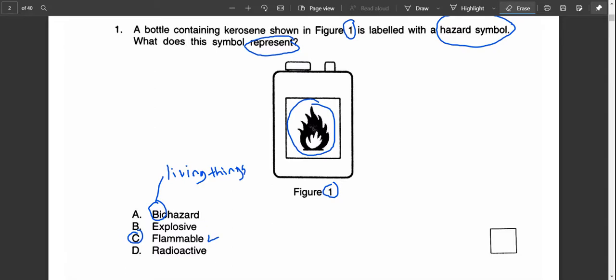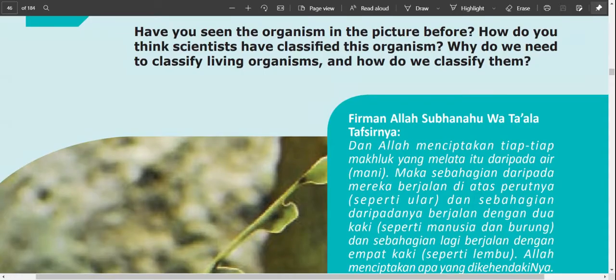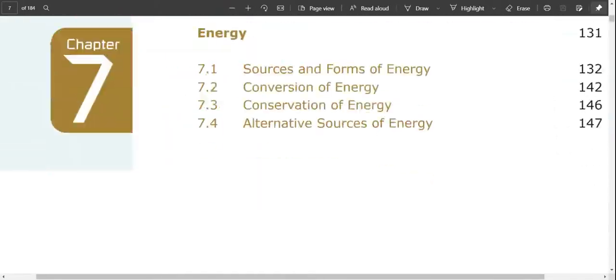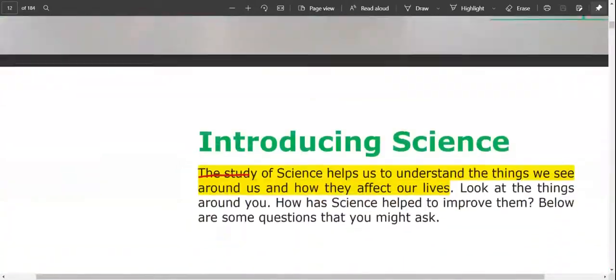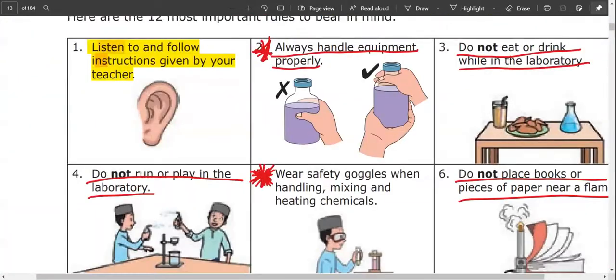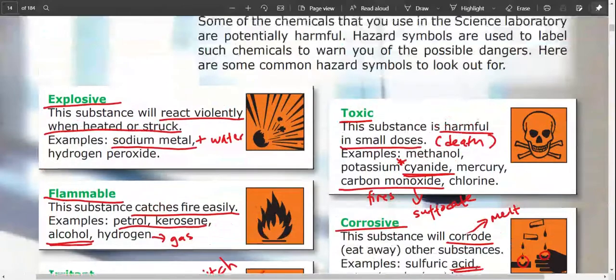You have to memorize this, so you can check your textbook on the very first chapter where it shows you the symbols. You have to memorize all the symbols here. In chapter 1, you were taught about hazard symbols. Explosive: a substance that reacts violently when heated or struck.